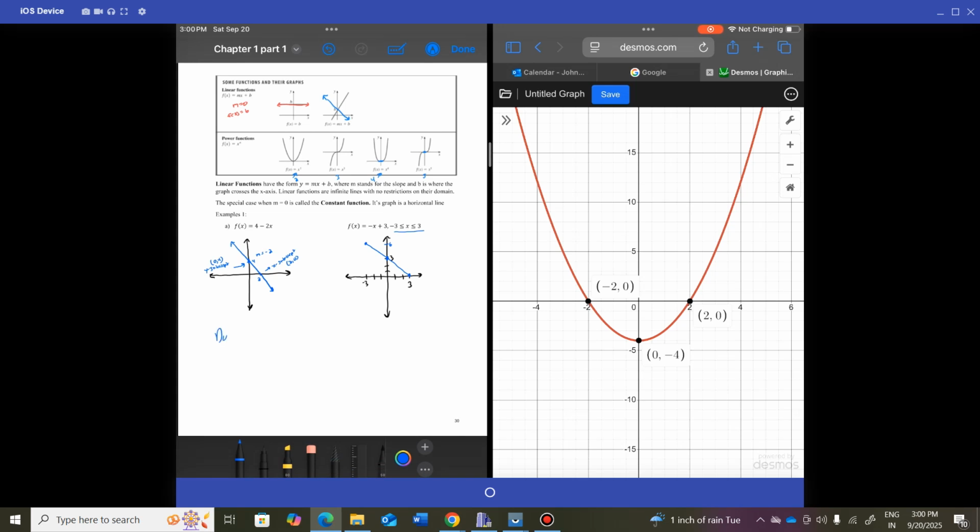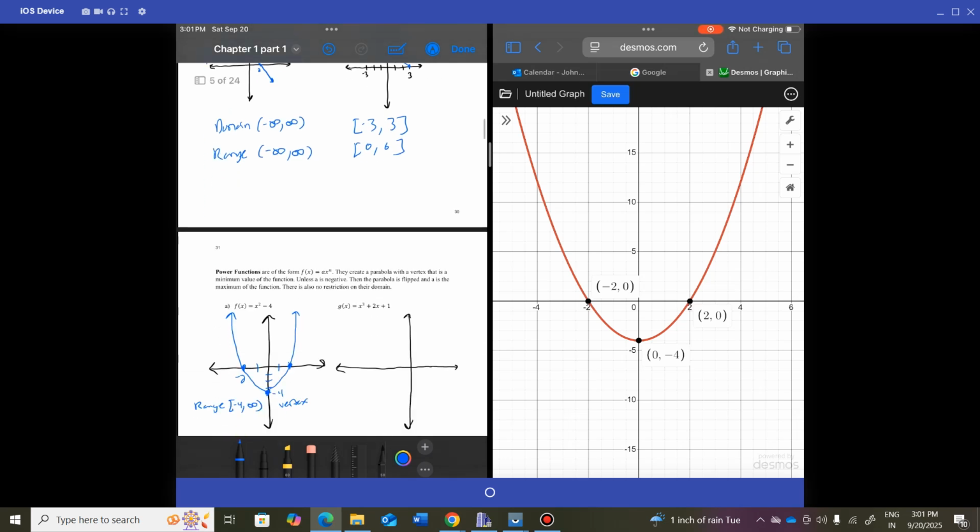We can say the domain is all real numbers for one, and just -3 to 3 for this one. The range is all real numbers, and then from here it goes from 0 to 6, following the fact that the restricted domain restricted the range as well.